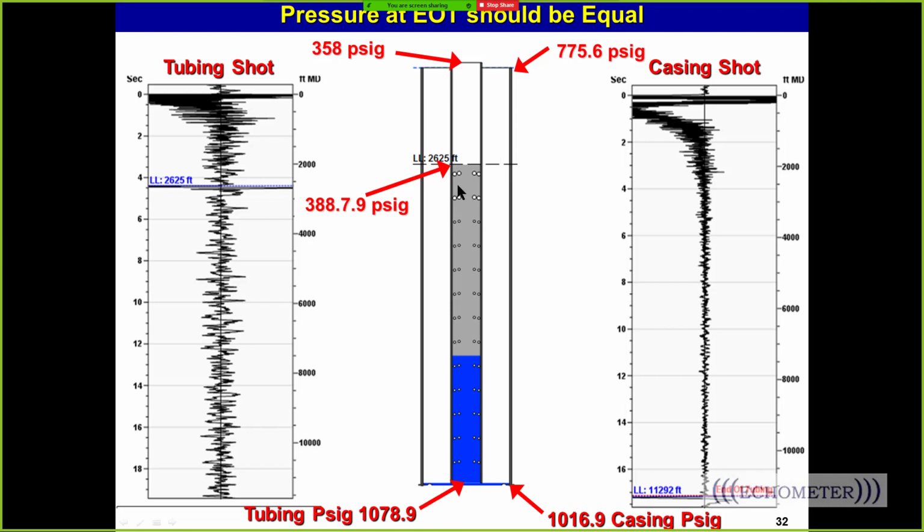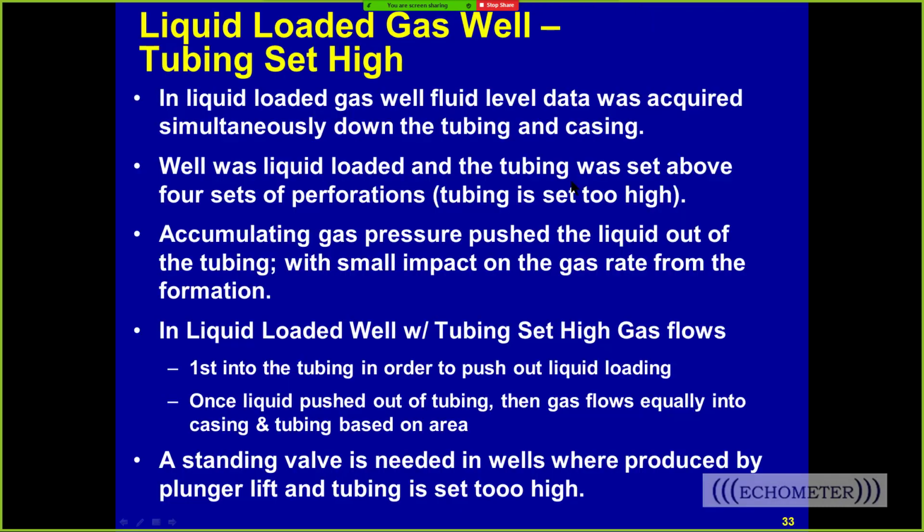But this is only 8,000 foot liquid, and being off maybe 60 psi isn't that bad. So this is a comparison between the tubing pressure of 358, casing pressure to surface 775, and we can see that the pressure at the bottom doesn't quite match, and we probably slightly overcalculated the gradient right here.